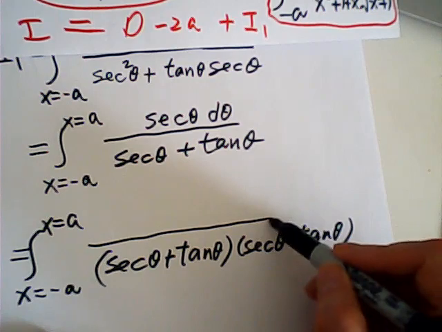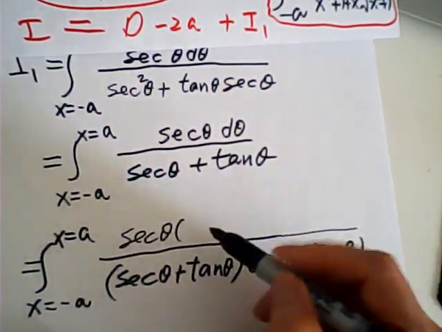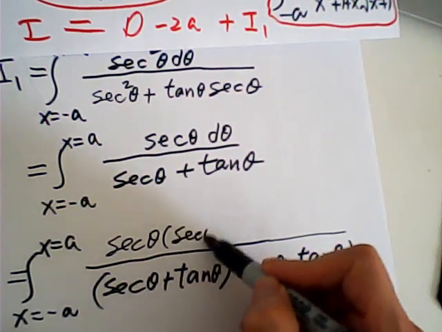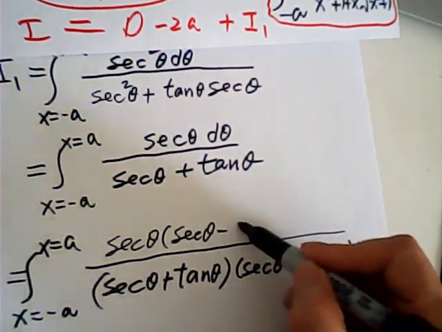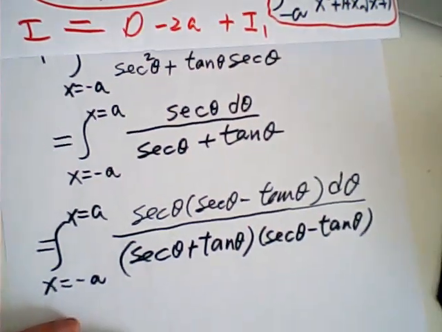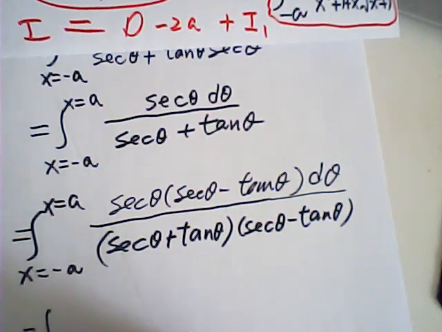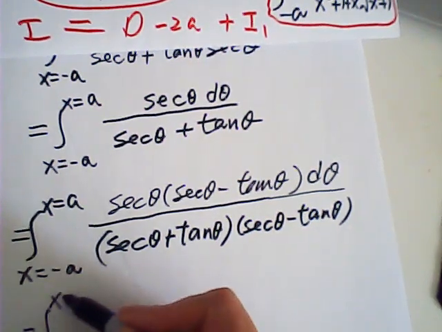This one is secant theta times secant theta minus tangent theta, d theta, x from negative a to positive a.